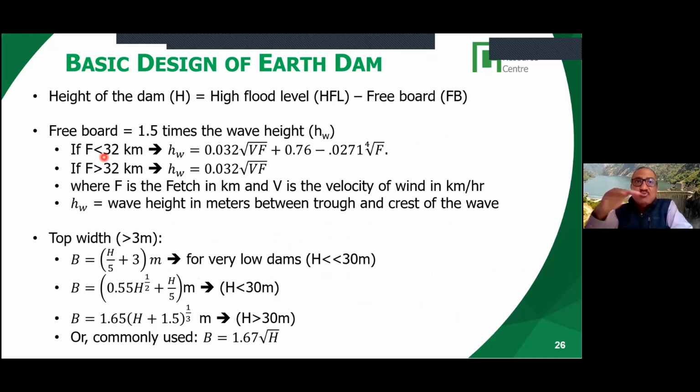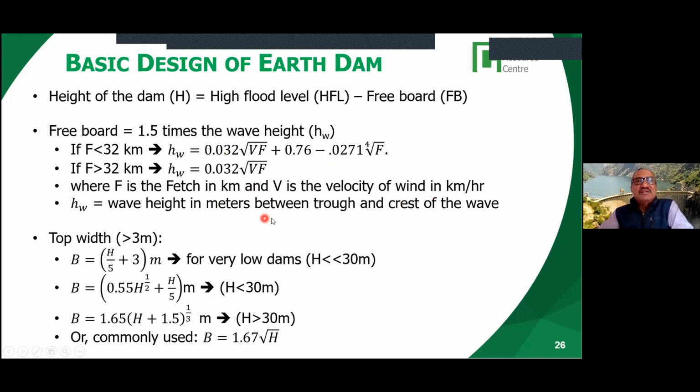If the wind is blowing from a long distance, then we use the second formula, because when the fetch is high, the influence of the other two parameters, which are empirical parameters based on model studies, drops, and only the first parameter is important. And V is the velocity of the wind in kilometers per hour.